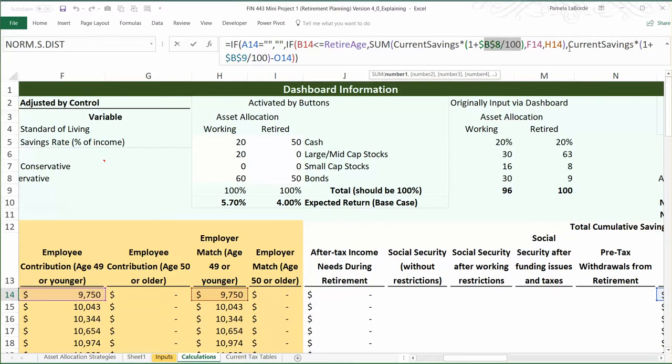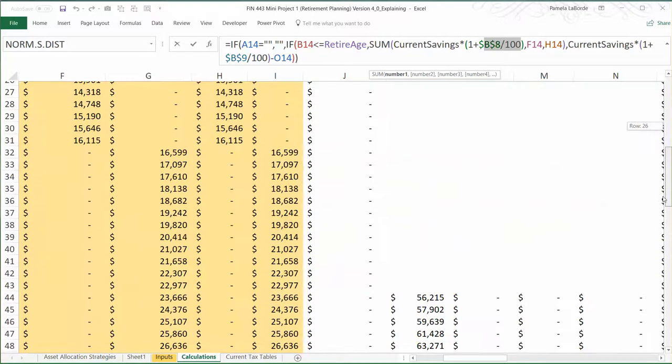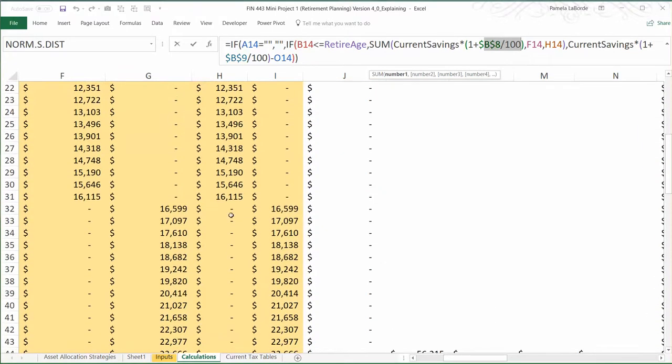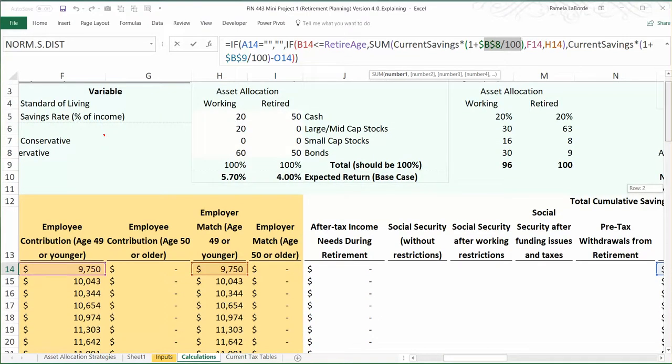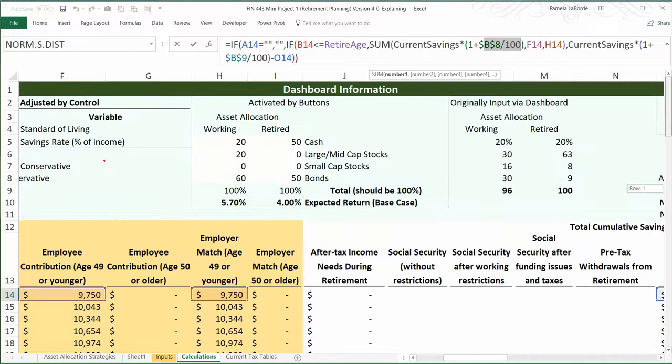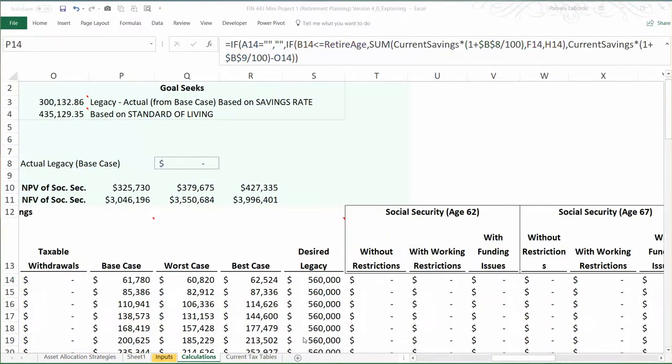And I think I actually have a mistake here too. I think I forgot to add in G14, which is the contribution if they're age 50 or older. So I wonder if it is not including these. I'm going to have to double check that. And I could just put another comma in G14, another comma in I14, and that should fix it. I'm actually going to go check. All right, I did check on it, and I did forget to make this adjustment.